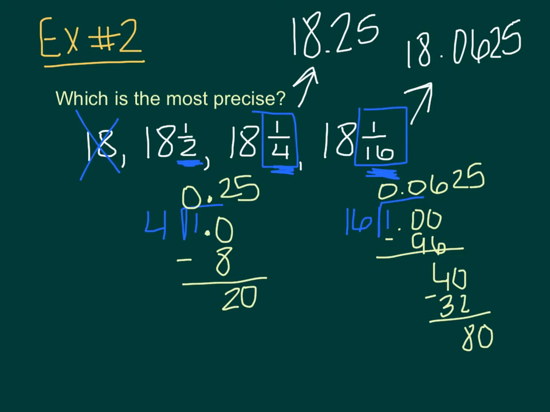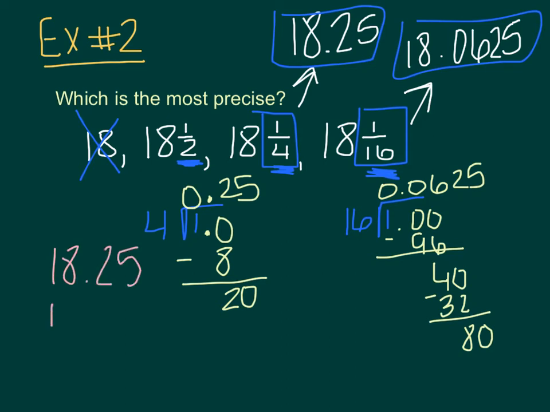Now let's line up those decimals so we can compare them. When we look in the tens place, they both have a 1, so that doesn't tell us anything. When we look at the ones place, they both have an 8, so that doesn't tell us anything.